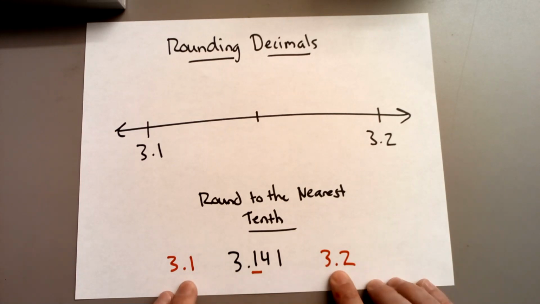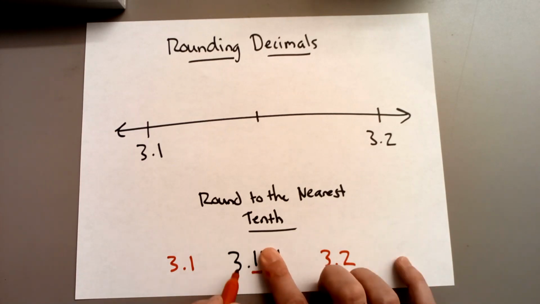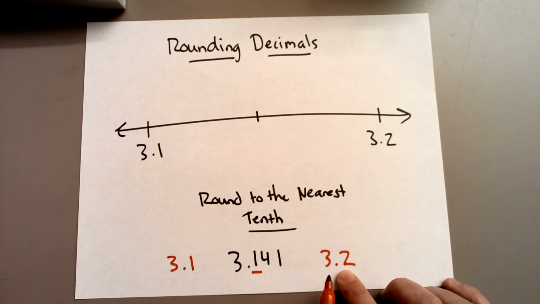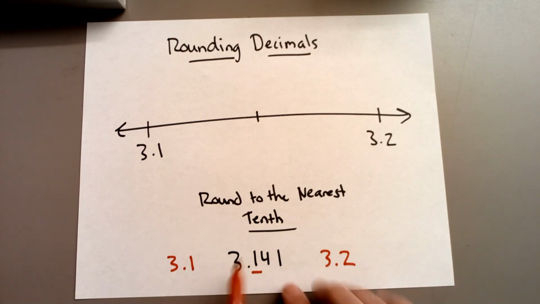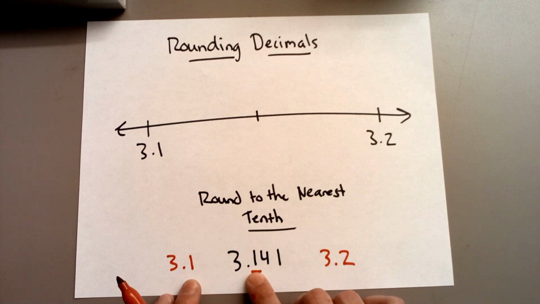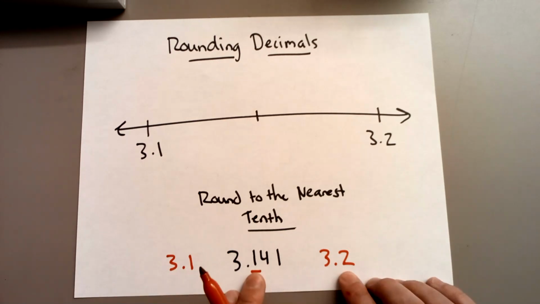Those are my only 2 options for rounding. I either round to the tenth that the number already has, or just add 1 to that place value and round to 3 and 2/10. That's all we're doing when we're rounding. There's just 2 options. Either stay the same at that 1 in the tenths place or go up to a 2 in the tenths place.